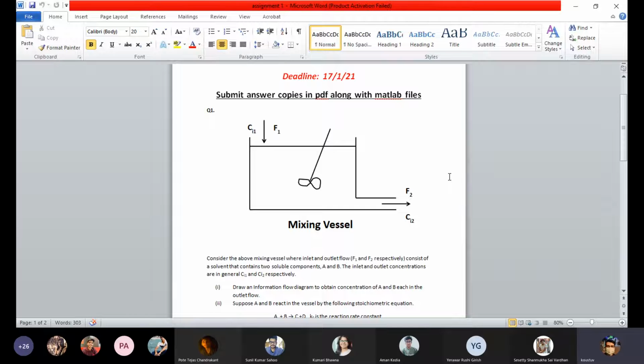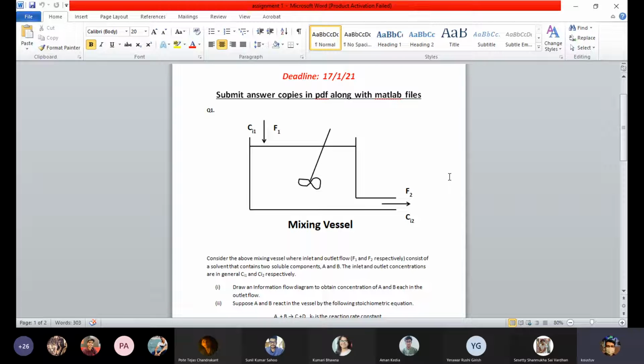CA is the concentration of A, it could be the concentration of B or C, at 1, that means at the inlet points. Similarly, the concentration of A or B, or any more components I add to the system, at 2, that means at the exit point.